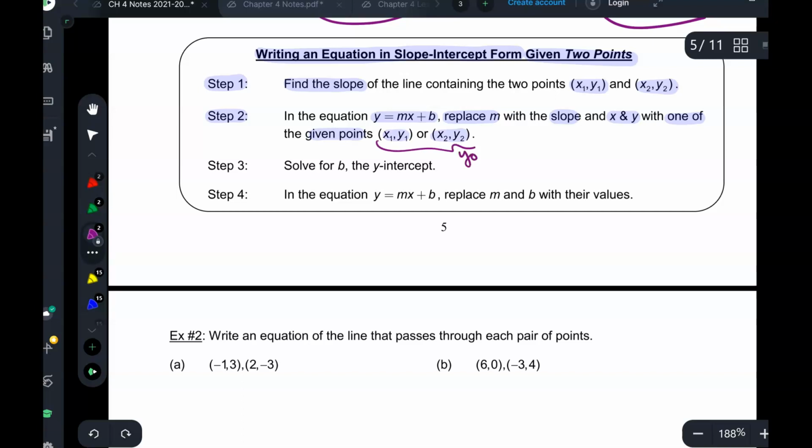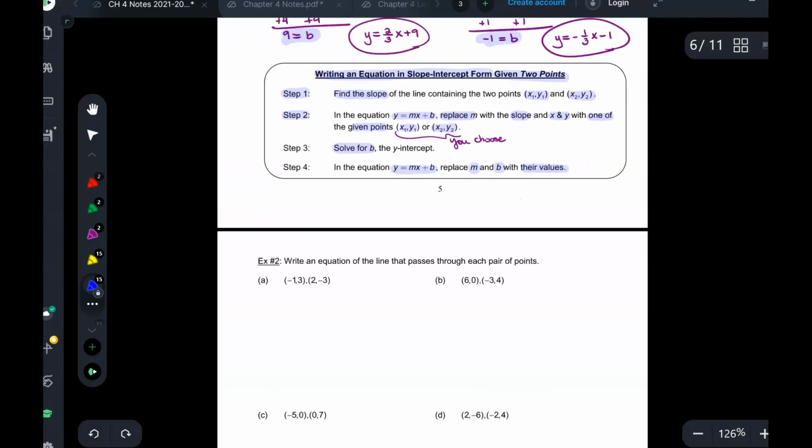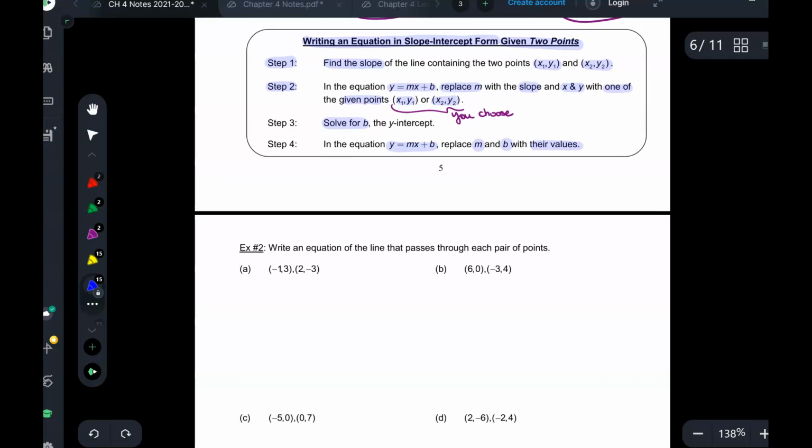You choose which one. It doesn't matter. You should get the same answer regardless of which point you choose. Next, we're going to solve for b. And then lastly, you're going to make your equation replacing m and b with their values. Okay, I'll kind of refer to that example.